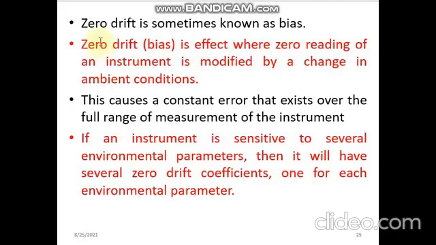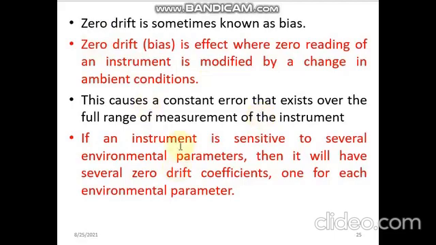Sometimes we call it zero drift. And what we do is we just adjust our instrument to make sure it is on the zero line before we take any reading. This zero drift causes a constant error to exist in your system unless you balance it back to zero before taking any measurement.